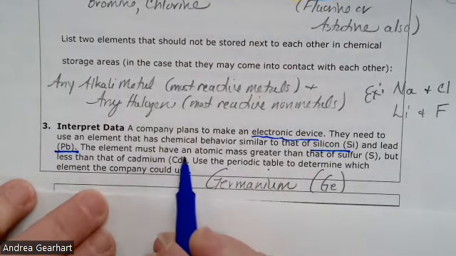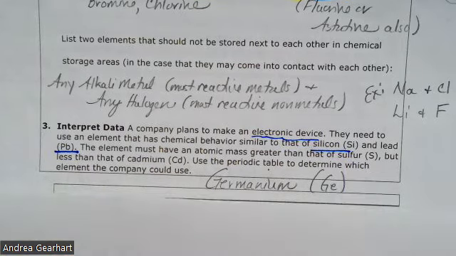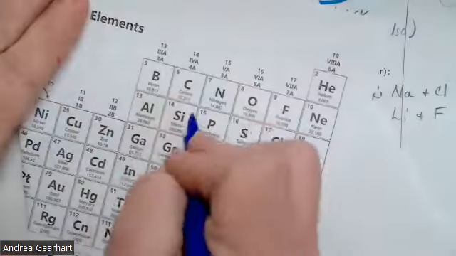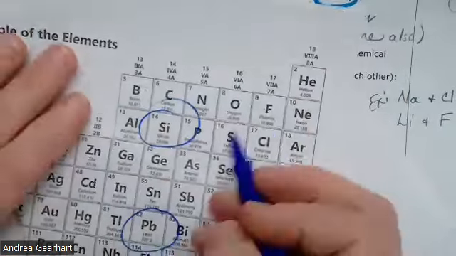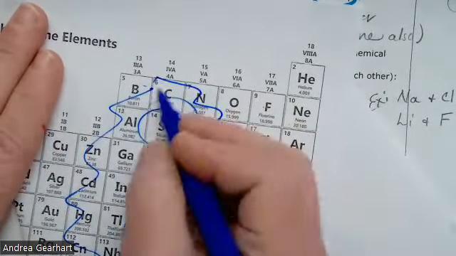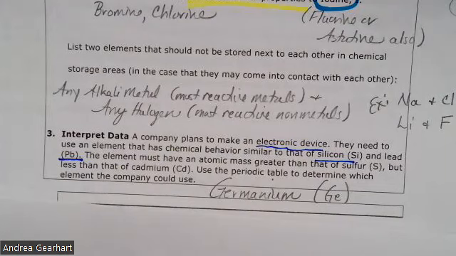The element must have an atomic mass greater than that of sulfur. So let me just show you where my. So it's saying between this and this. And I would definitely think, okay, we're going to want to be in this general area. I mean, am I talking about all the rest? Probably not, because it says similar. All right.